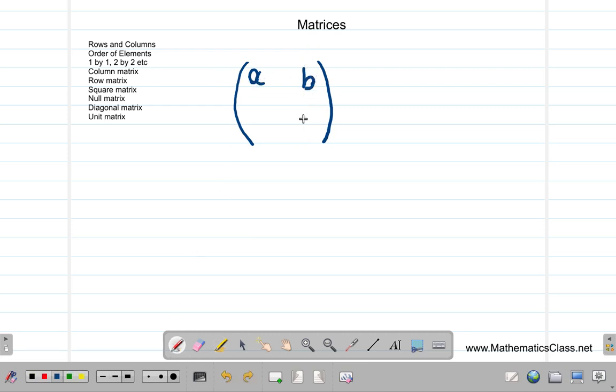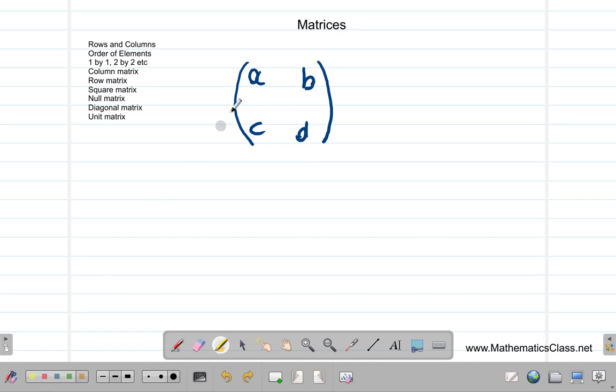Now, we have A, B, then C, and D, lowercase letters. This is row 2. C is the first element in row 2. D is the second element in row 2. This is column 2. B is the first element in column 2. D is the second element in column 2.